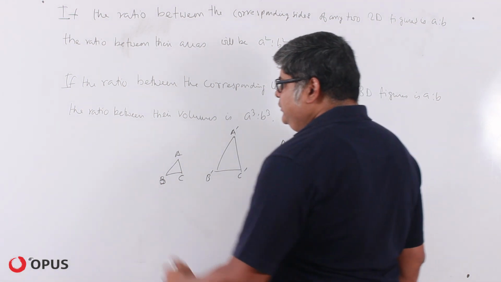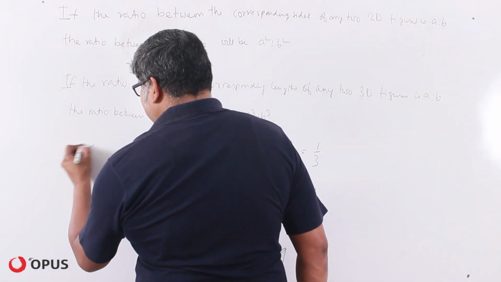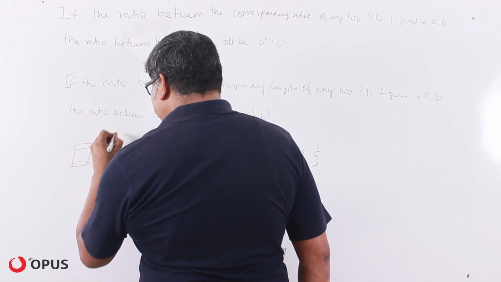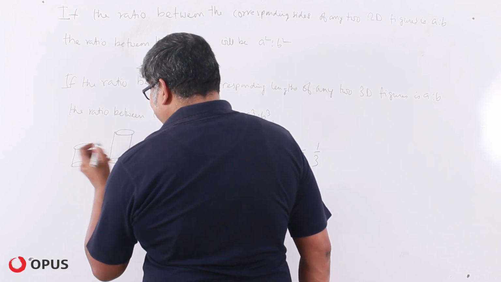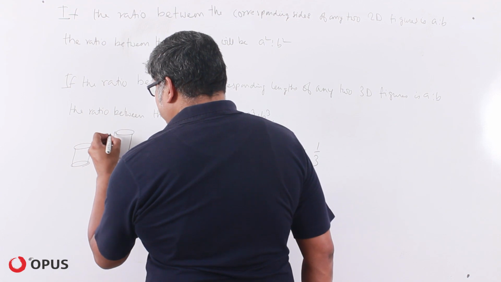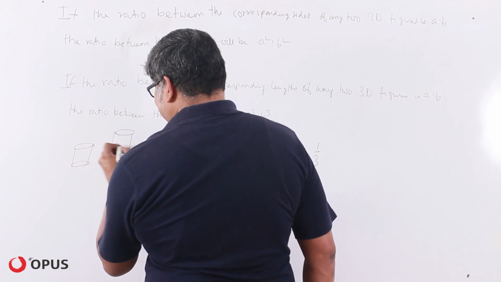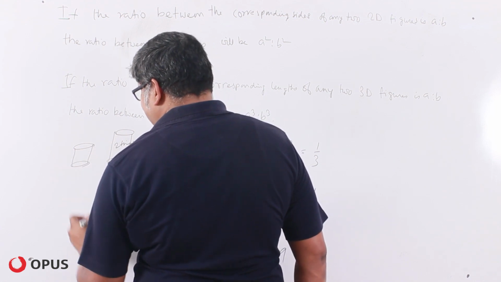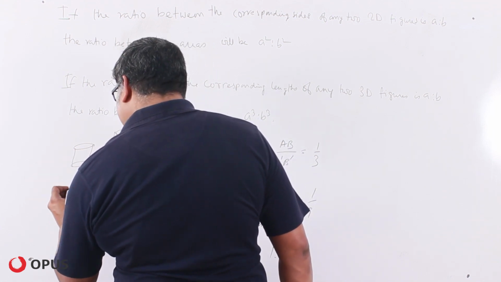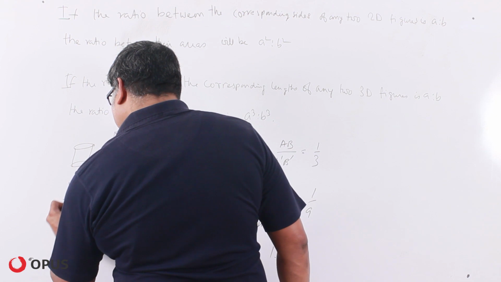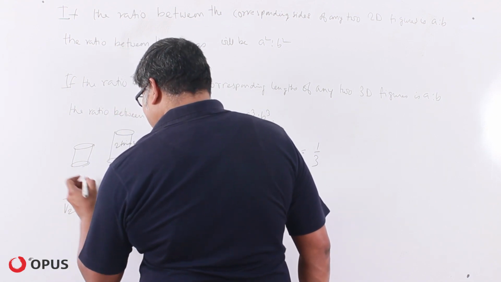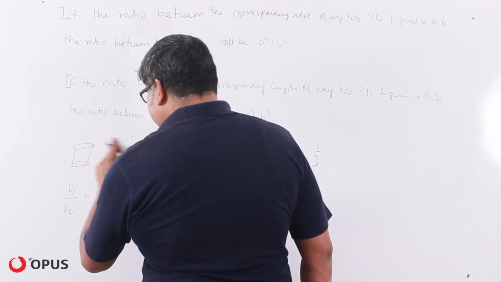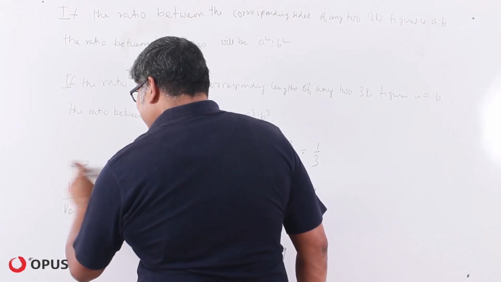Similarly, if you look into a cylinder, say we have a small cylinder and it is magnified 2 times, then the ratio between the volumes, V1:V2, would be... let me frame a question for this first.